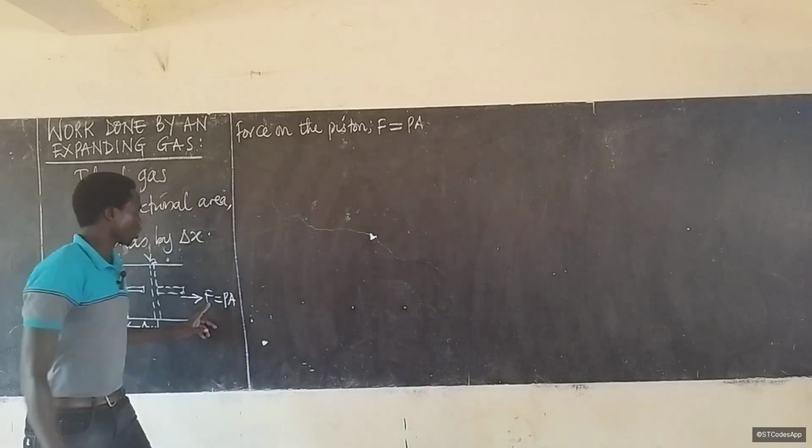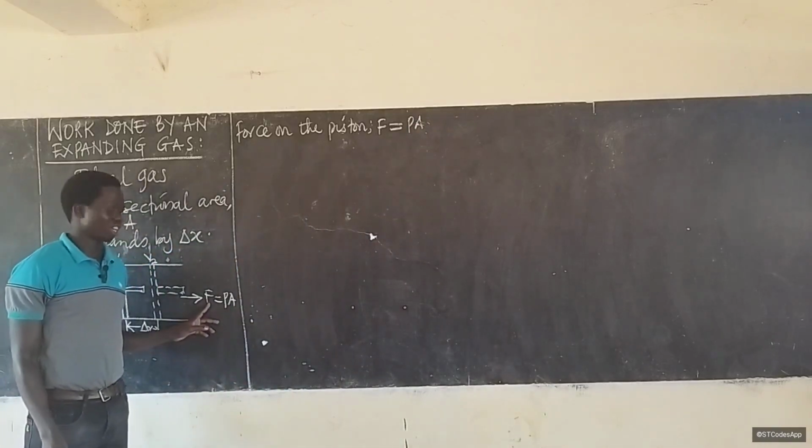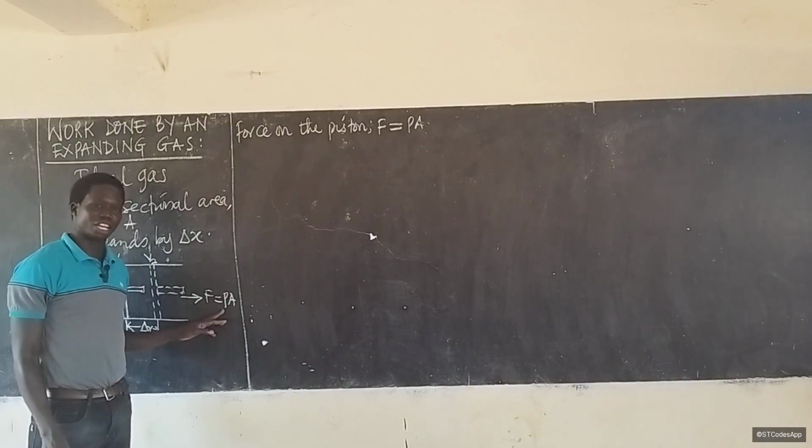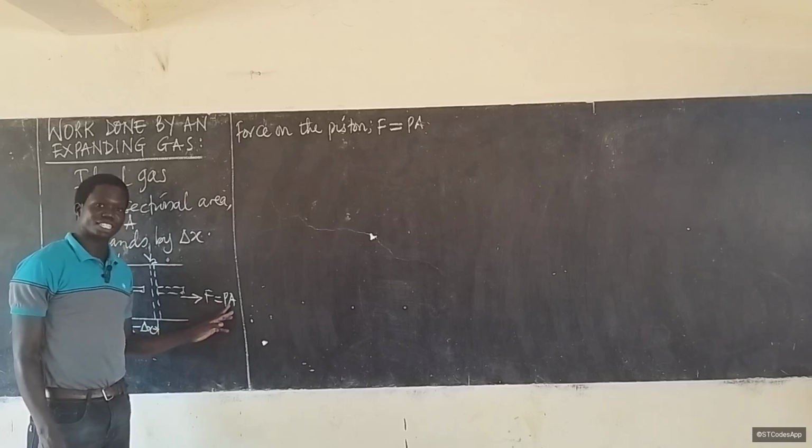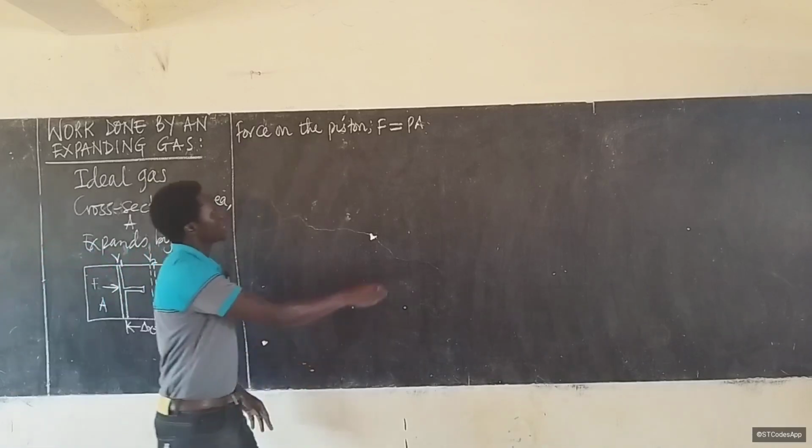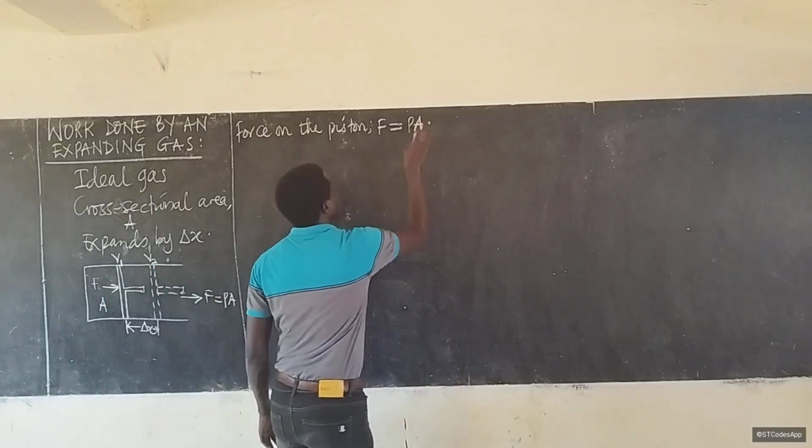We know from the definition of pressure, pressure is force per unit area. So when we make force the subject, force is equal to pressure times the cross-sectional area.